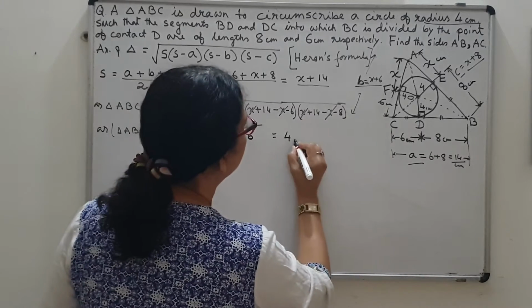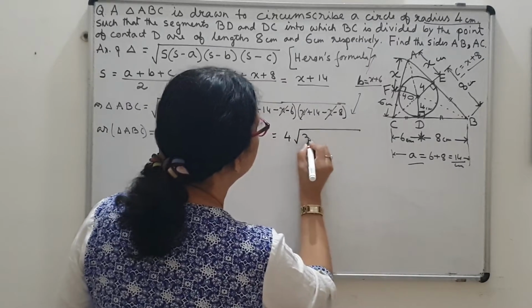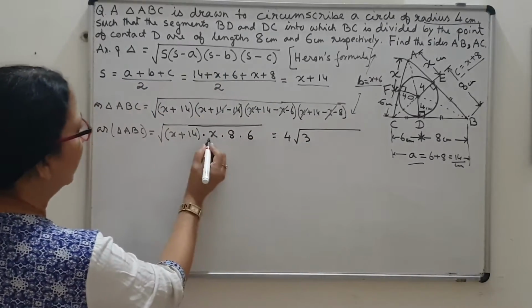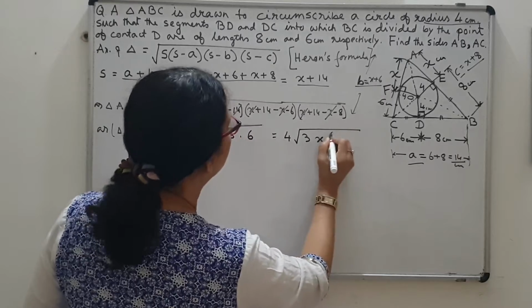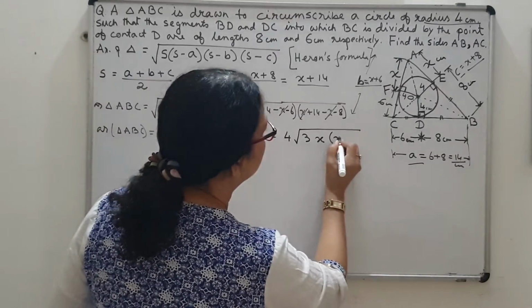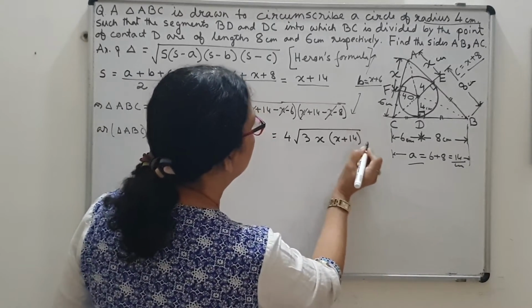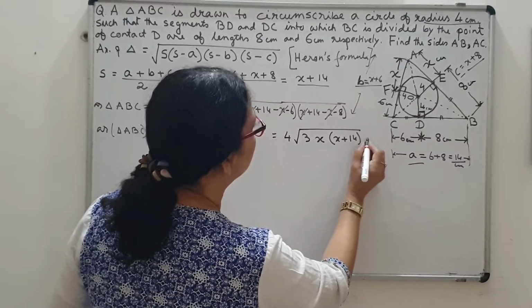So the area is 4 root 3 into x into x plus 14. Mark this as equation 1.